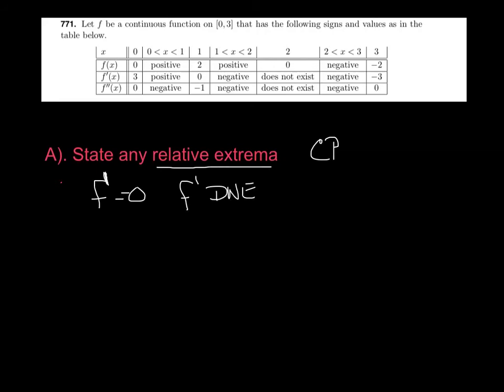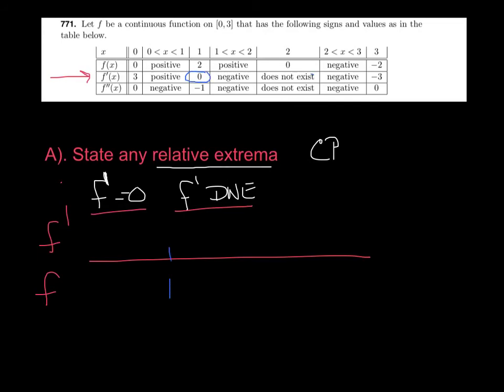All right, so this is beautiful. They basically made a sign chart for you. Just look at the derivative. Here's my f prime, here's my f. Give me a critical point. When does the derivative equal 0 or when does the derivative not exist? Well, the first time the derivative equals 0 looks like right here, so it looks like 1 is a critical point.